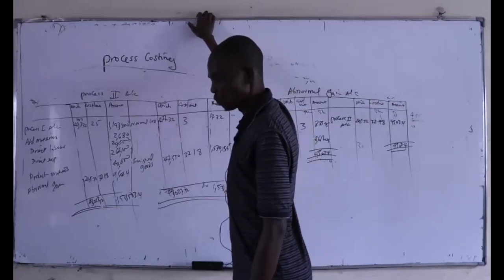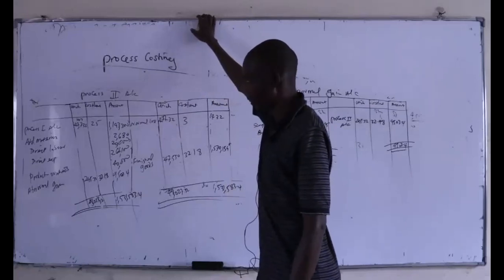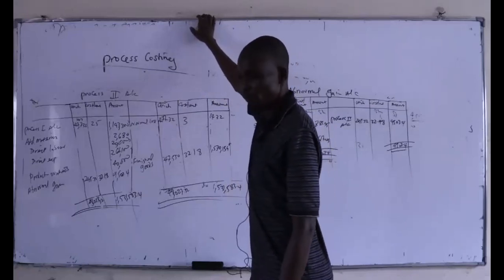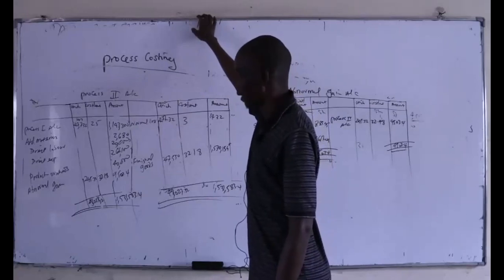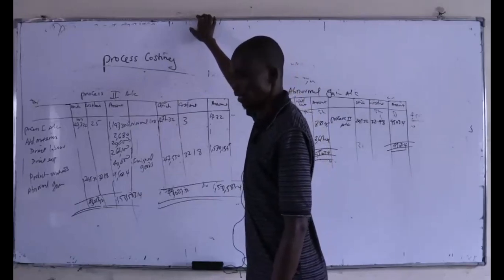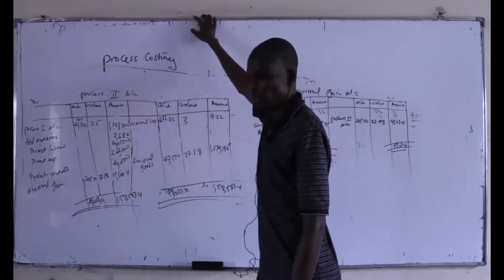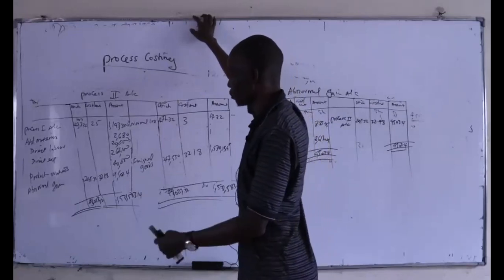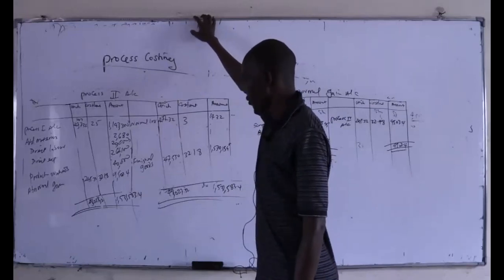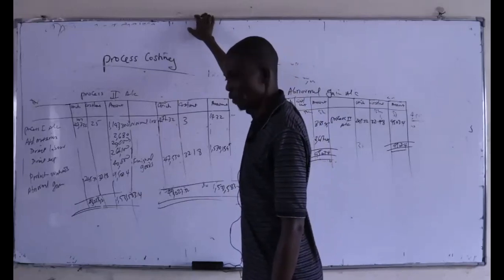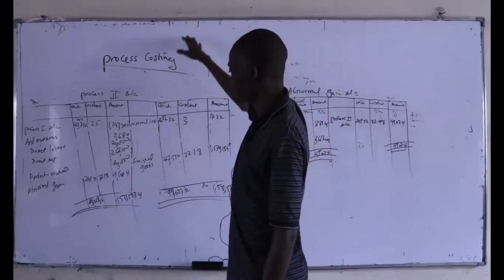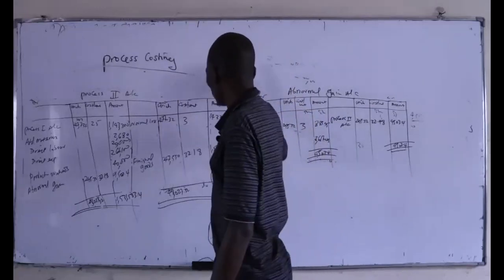So the output of one process becomes the input of the next process, depending on the number of processes that we have, until the last process where eventually the output is transferred to the finished goods. And we have also seen how we are able to determine the cost per unit for the finished goods or what is to be transferred to the next process.